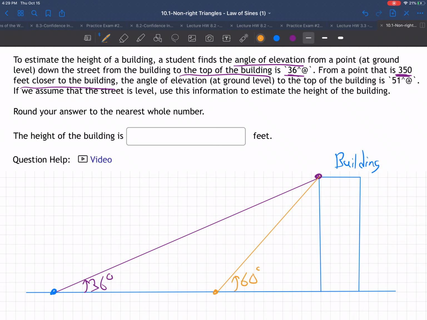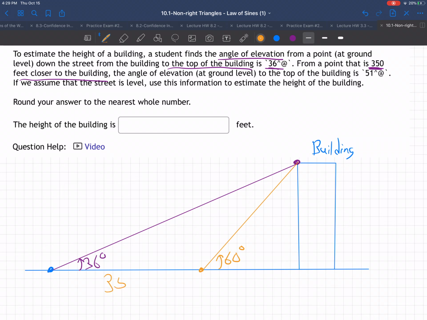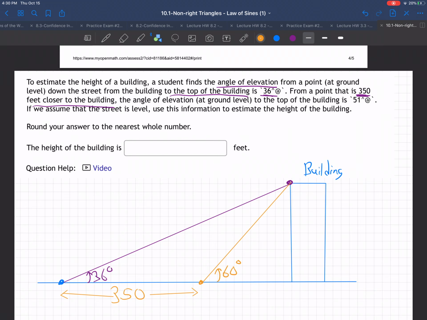But that's a point 350 feet closer. So that means there's 350 feet from here to there. Do you see what they're describing? The student moved 350 feet closer, took a new angle of elevation look to the top of the building, and now the angle's grown bigger to 60 degrees, right?